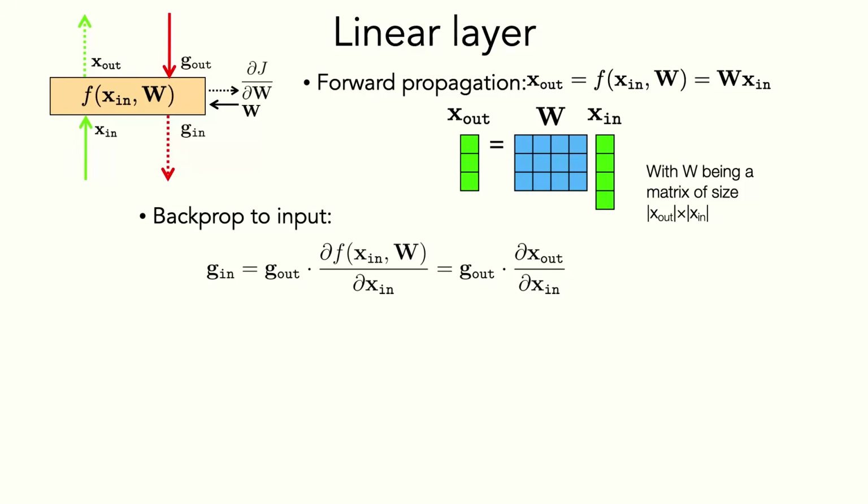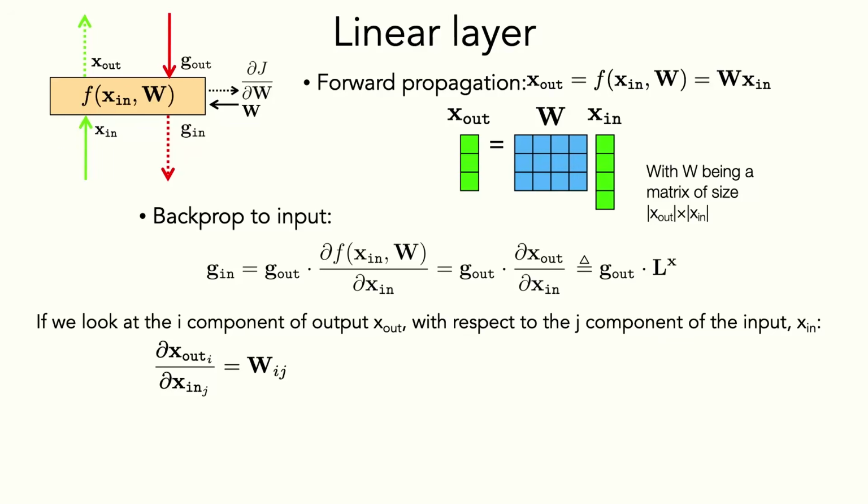If you want to calculate backpropagation to that input, the input gradient is going to be the output gradient multiplied by the derivative of the output with respect to the input. That just looks like this. It is the matrix we've defined that represents the direction you would want to move in for those weights. Then we look at the ith component of the output with respect to the jth component of the input.